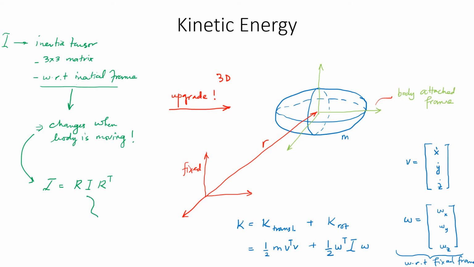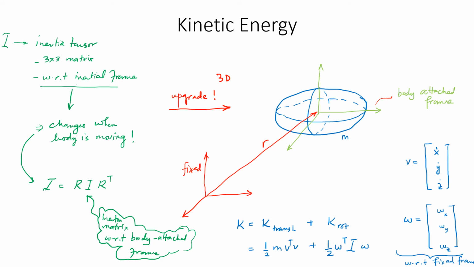Now in this case, I must write this one down, that this is the inertia matrix with respect to the body attached frame. And this is going to remain fixed. We need to define it once, and that would be it.